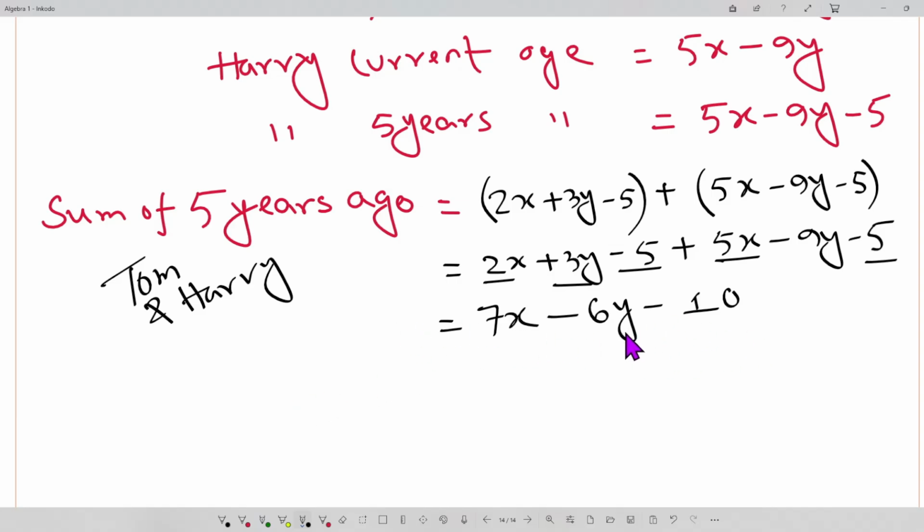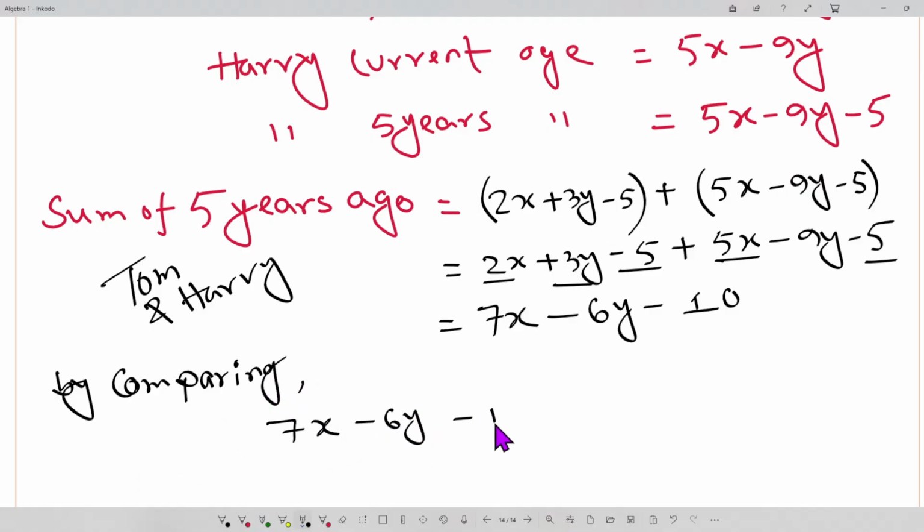So the problem states that the sum of their ages 5 years ago was ax plus by plus c. So by comparing, 7x minus 6y minus 10 equals ax plus by plus c.